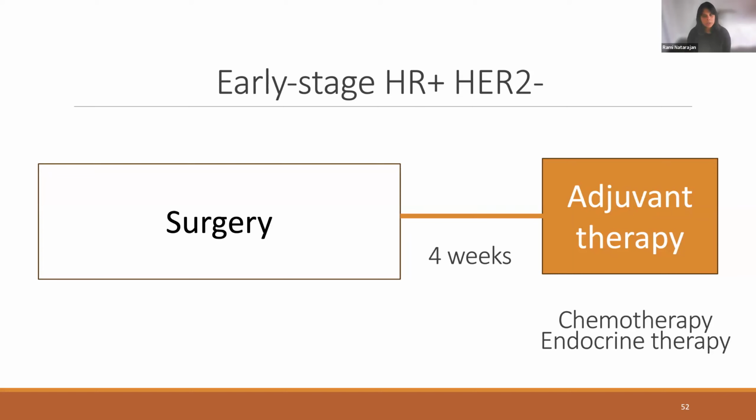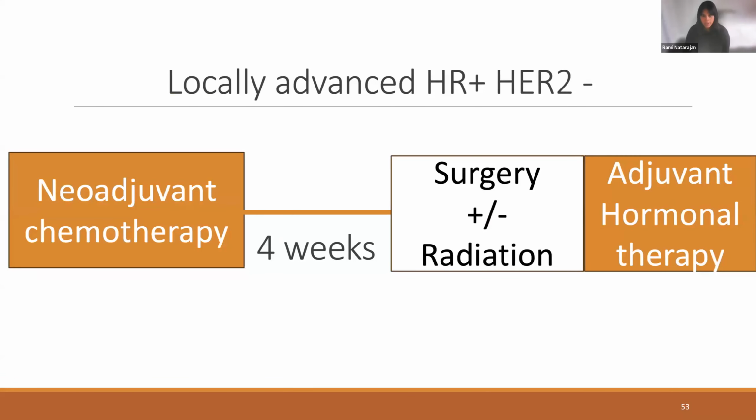We generally wait 4 weeks or so to allow the patient to heal from surgery before starting adjuvant therapy, chemotherapy, and then endocrine therapy. And in locally advanced disease, we give neoadjuvant chemotherapy, wait 4 weeks, and then do surgery with either a mastectomy and axillary lymph node dissection or breast conservation surgery and radiation if that's feasible, and then start adjuvant hormonal therapy.